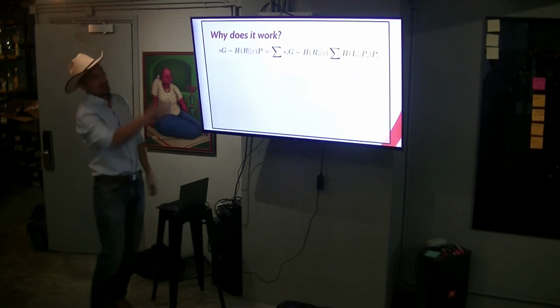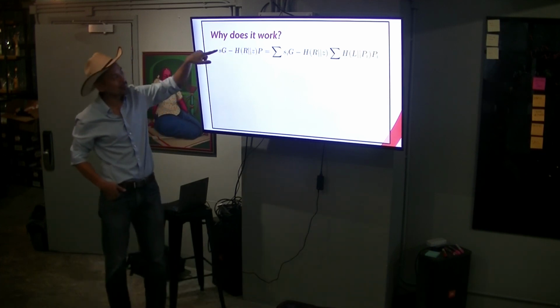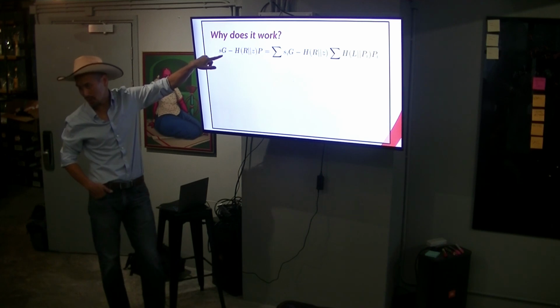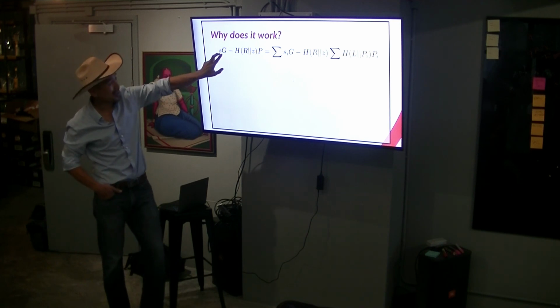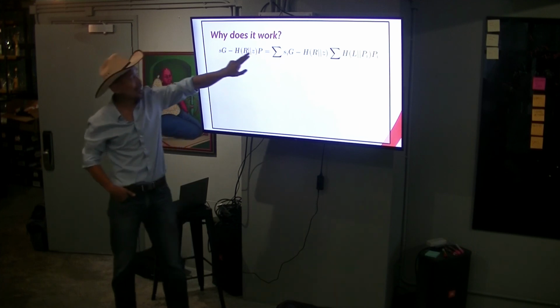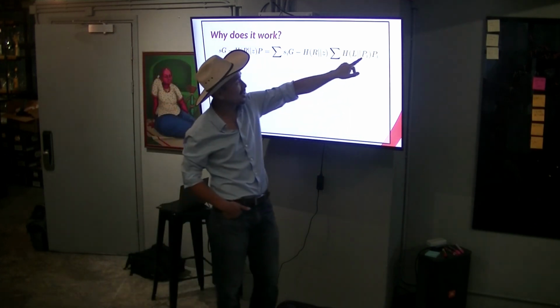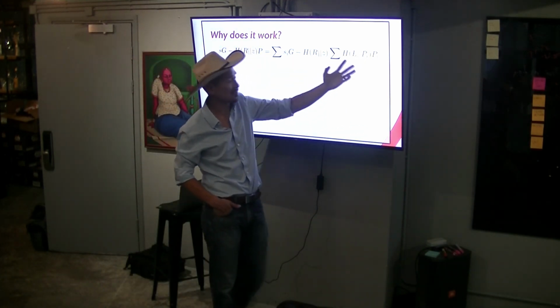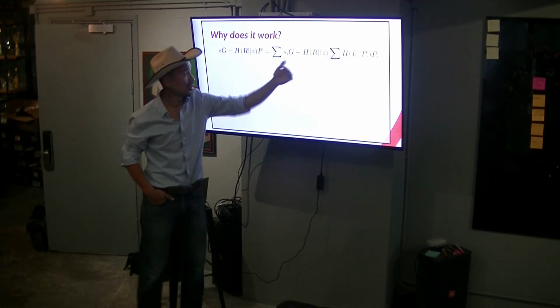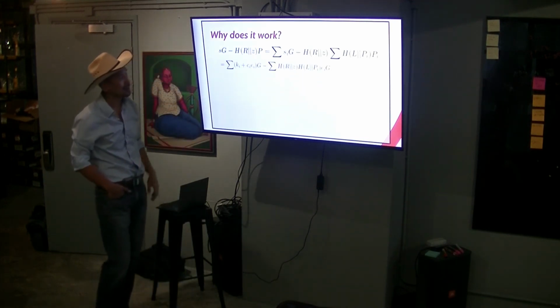All right, so why does it work? You have S minus this, the formula that you calculate in Schnorr to see if it's equal to R. You know S times G is the sum of the S sub I, and you know P is the sum of H of L, P sub I, times P sub I. That's from the definition. So we can combine some of the terms and expand some of the other ones.